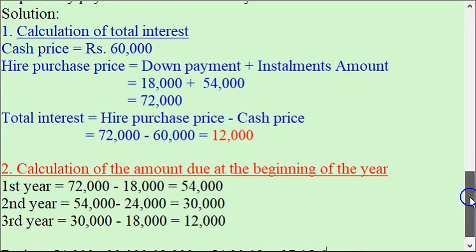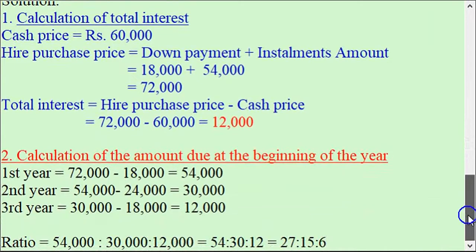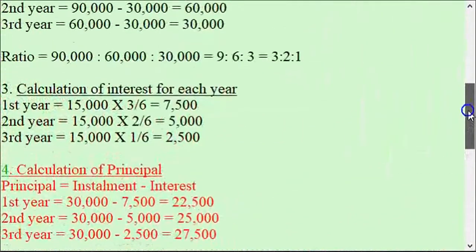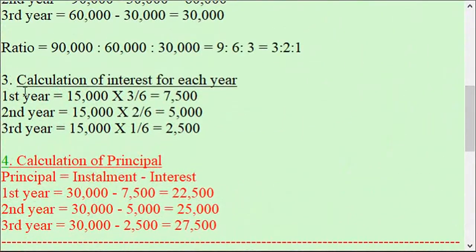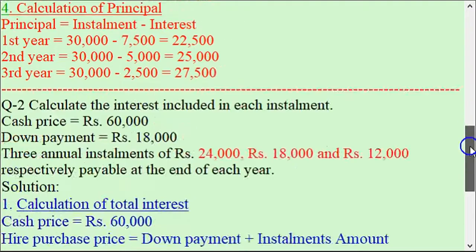So we have found total interest payable and the amount due at the beginning of the year and the ratio. Now I'll calculate the interest included in each installment every year.